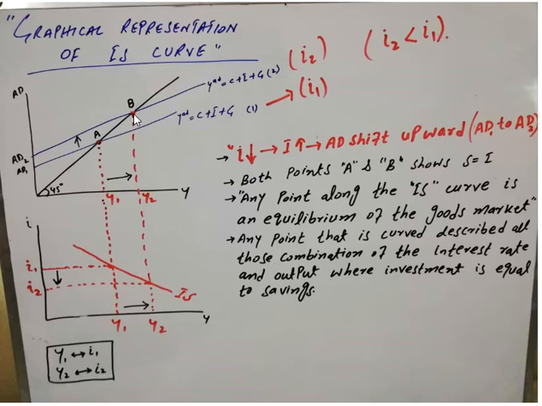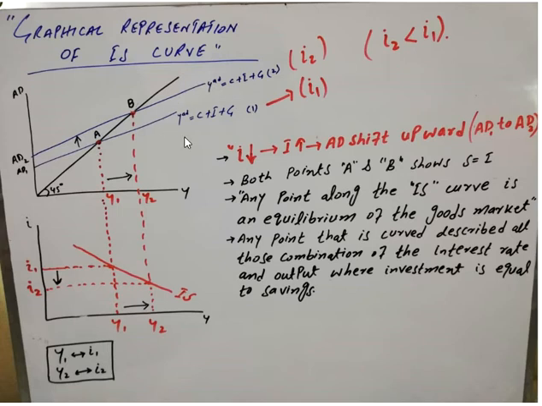When we bring the equilibrium of point B below, this gives us y2. We know that I2 is less than I1. The aggregate demand shifted from AD1 to AD2 because of the decrease in interest rate.